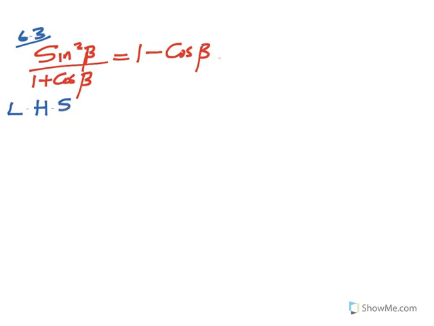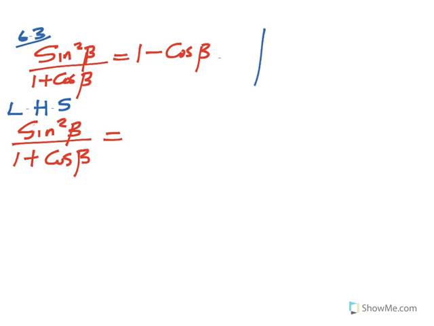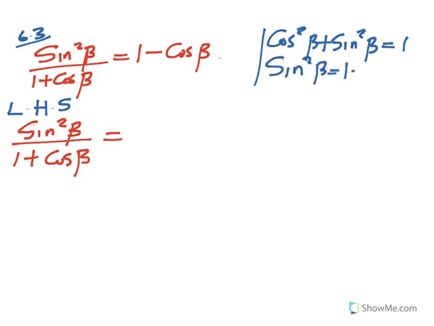Now if I write the left hand side again, sine squared beta over 1 plus cos beta is equal to, using the same identity, remember cos squared beta plus sine squared beta is equal to 1, and sine squared beta is equal to 1 minus cos squared beta.